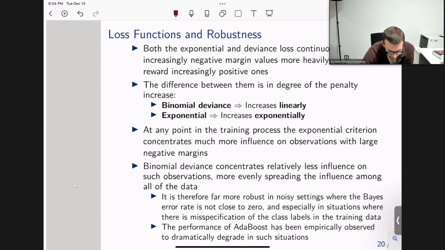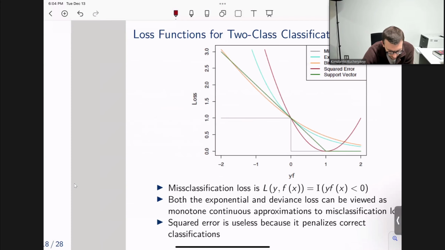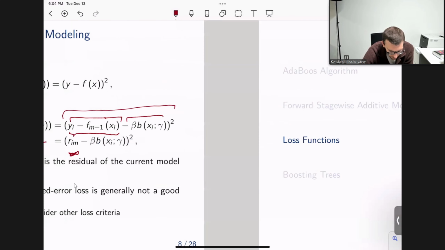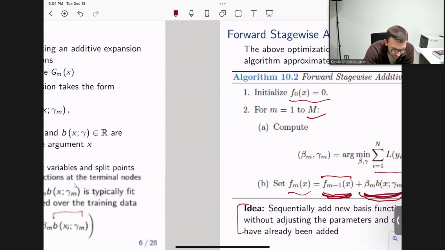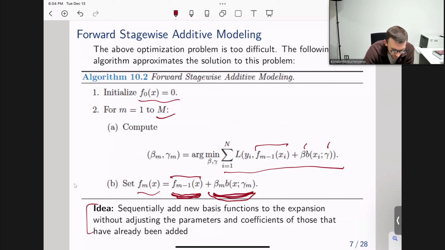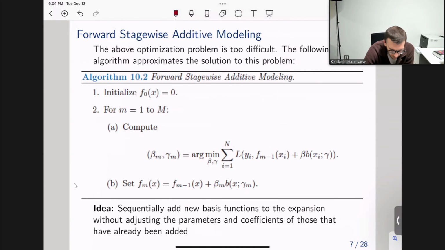And we cannot write them nicely the way we write it here, because if we have a more general loss function in this stage-wise algorithm, solving this problem might be difficult. It's clear how to solve this problem for exponential loss. I have just written it for you. We can solve it analytically, and then we don't need to do any optimization. We just do iterations and all is fine.